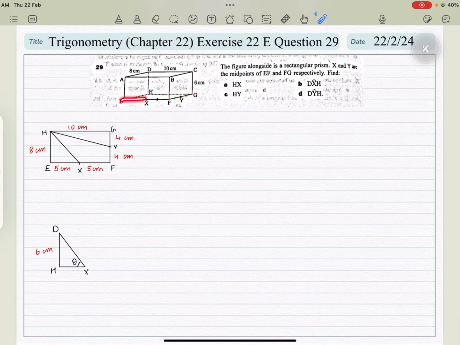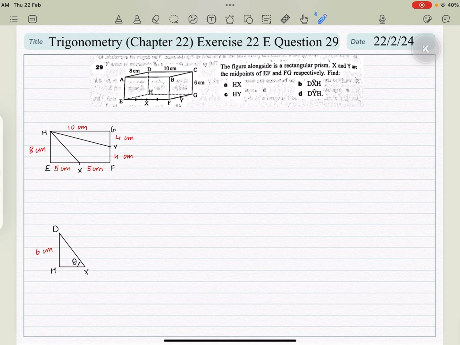Likewise, EF is equal to 10 centimeters because AB is equal to 10 centimeters because CD is equal to 10 centimeters. EX is equal to 5 centimeters because X divides 10 into two equal parts, that is 5 and 5. So EX is equal to 5 and XF is equal to 5. So that's what I wrote over here.